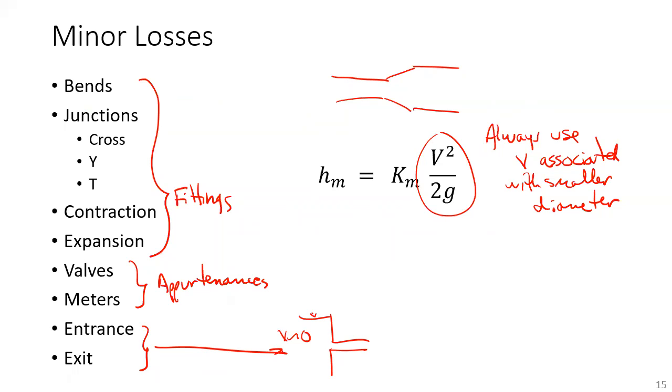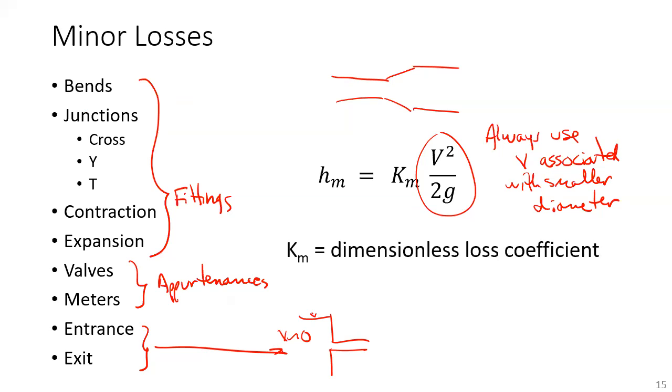It's zero. And if you unfortunately selected that, which is the larger diameter, when you compare the reservoir to the finite diameter pipe size, you would have a velocity of zero if you use that of the reservoir. And it's the same thing for an exit, where you go from a pipe into a large reservoir. Always use the velocity associated with the smaller diameter, and you'll never go wrong.